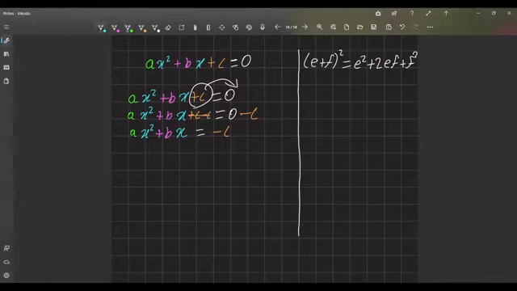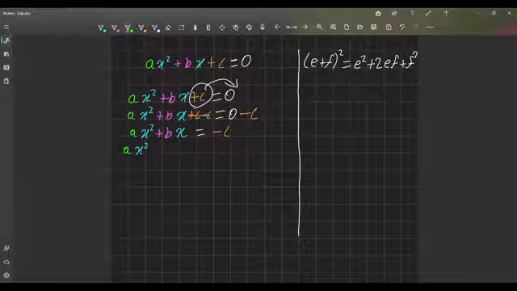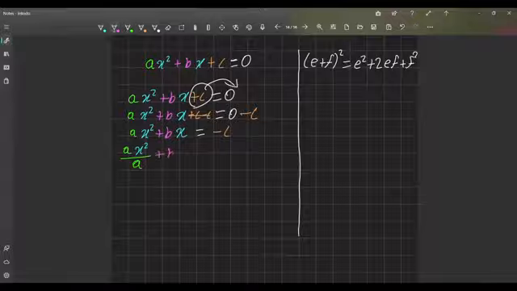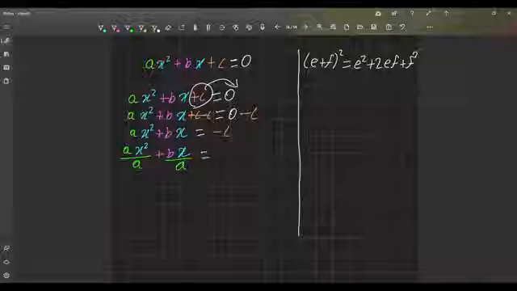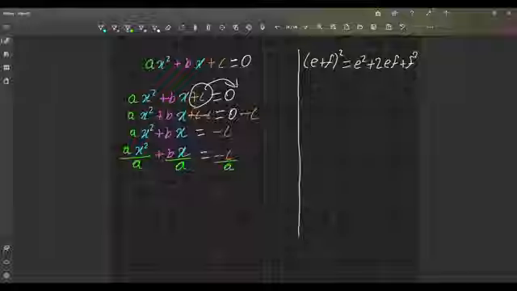What I'll get is x² over a, since I have an a here, I'll write an a below it, plus bx, divided by a as well. Both terms on the left hand side are divided by a, and it is all equal to -c divided by a.